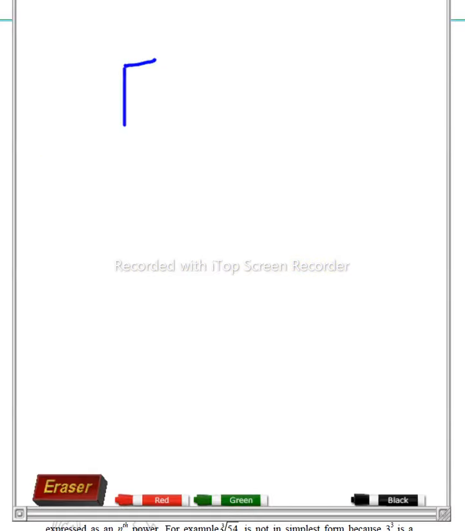This absolute value means that whether a is negative or positive, the answer will be positive. Let's see some examples. If you take the fifth root of negative 2 to the power of 5, the answer will be negative because the index is 5, which is an odd number, so the answer will be negative as the number is negative.